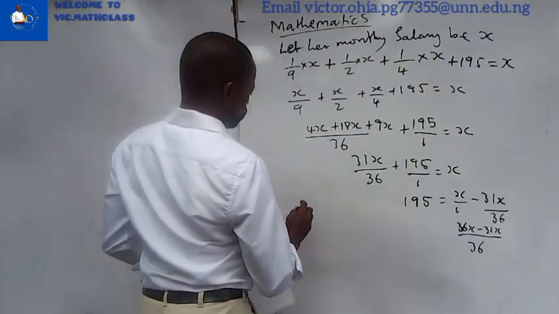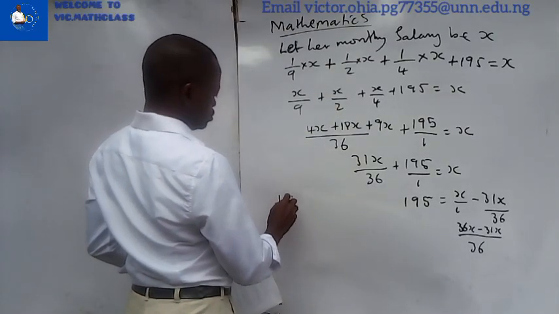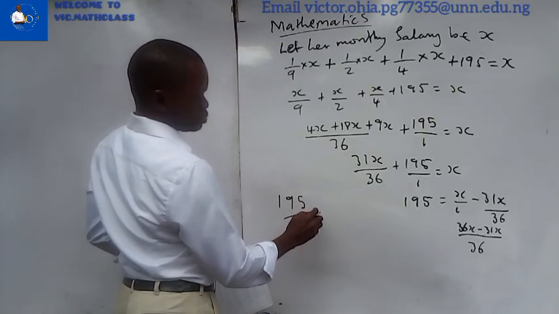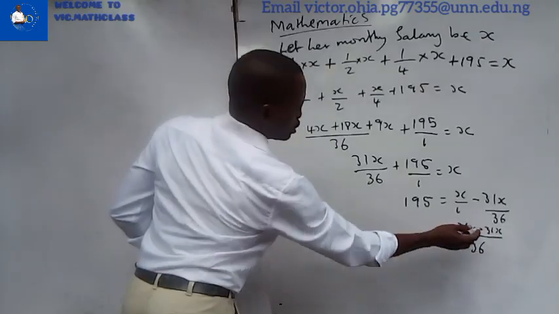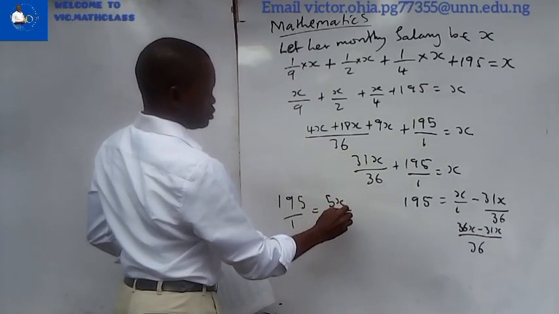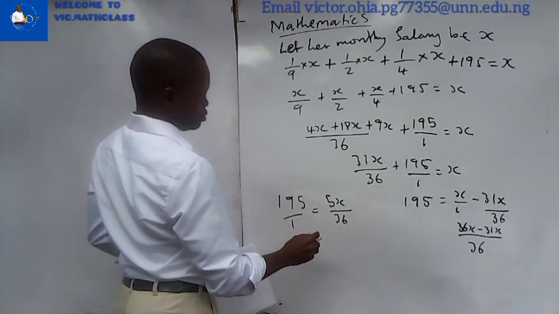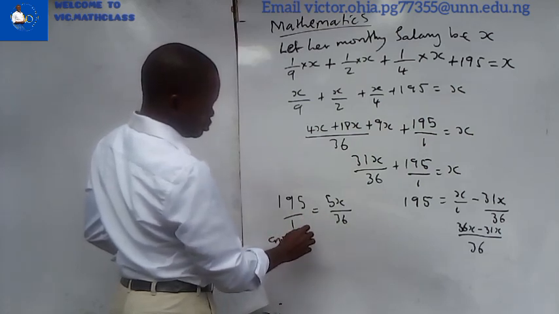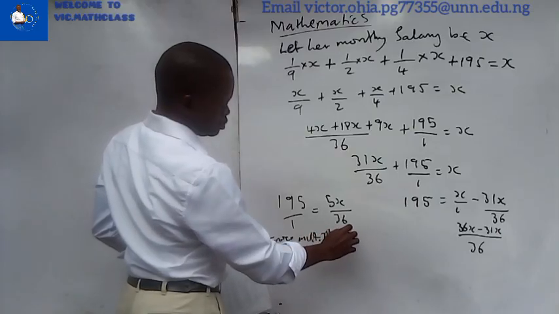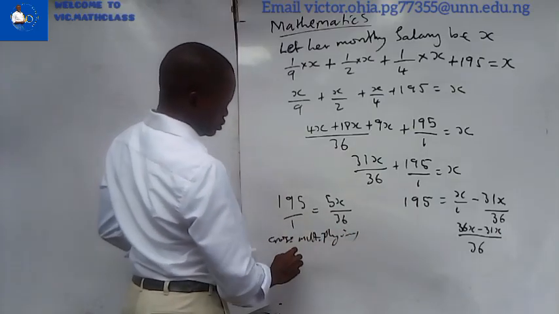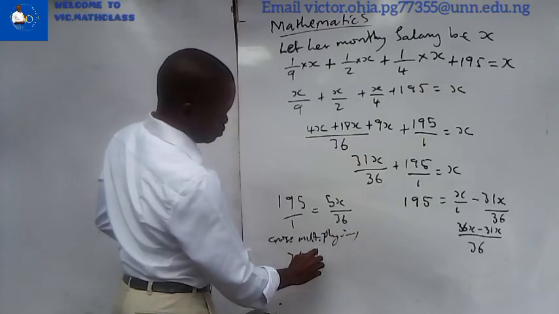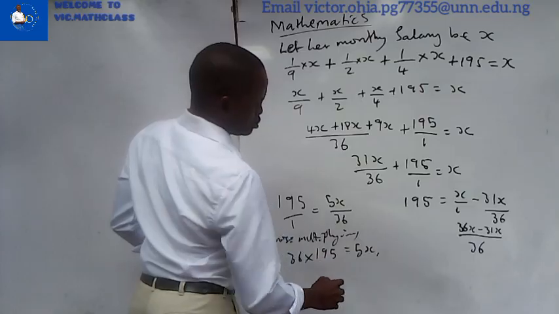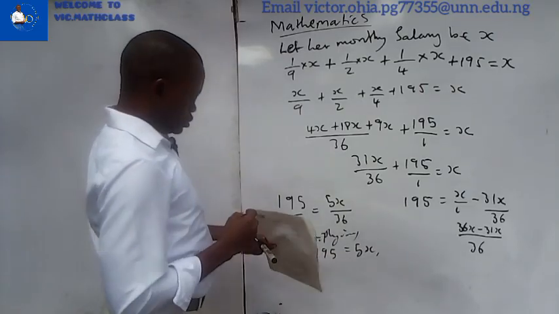So I have 195 over 1 equals 36x minus 31x, which is 5x over 36. If you cross multiply at this level, you will have 36 times 195 equals 5x.